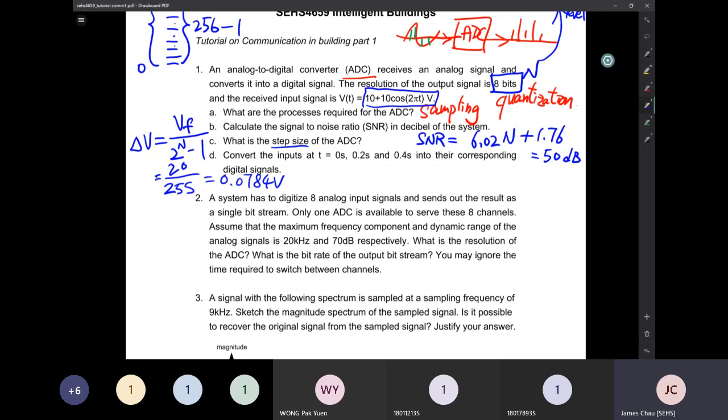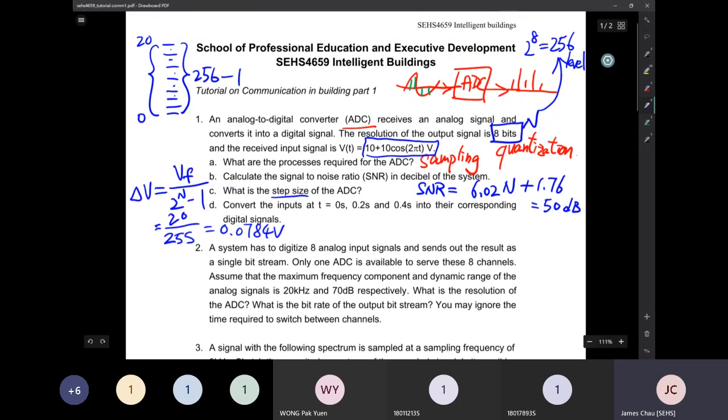Again, I think it is not that difficult because you can directly apply the formula. You can see the answer. And lastly, we are going to find the conversion at the time equal to 0.2 seconds and 0.4 seconds. I can try the first one to you.